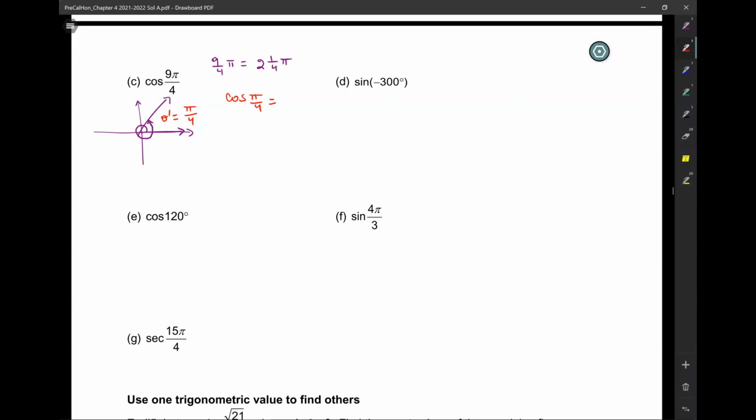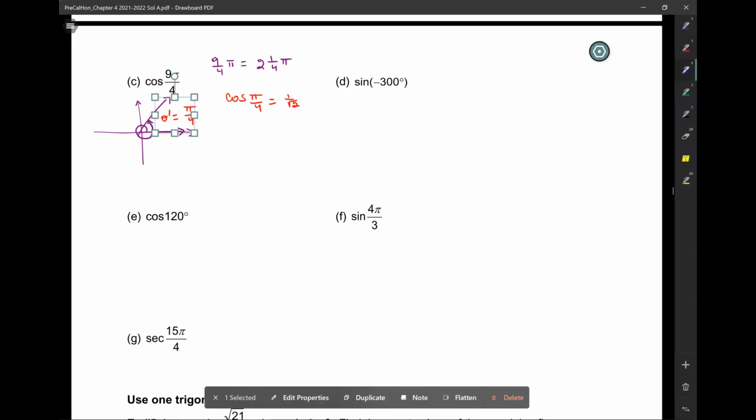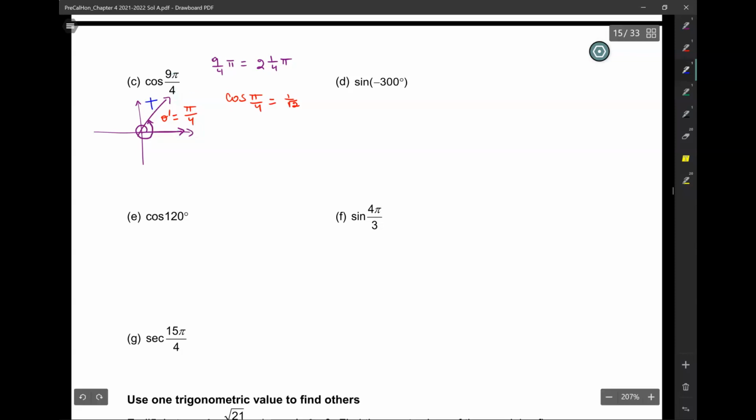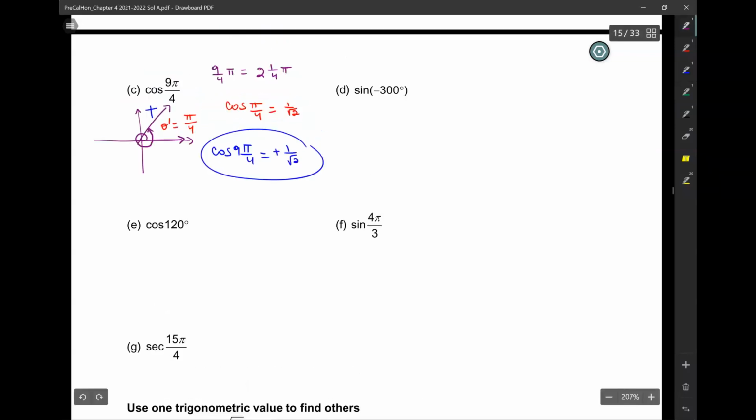Pi over 4 is the one where the horizontal and the vertical are the same. So I go over the same amount as I would go up, and that's 1 over root 2. In this quadrant, all students take calculus, all are positive. So cosine is positive, sine is positive. So cosine of 9 pi over 4 is positive 1 over root 2. You obviously don't have to put the plus sign. I just do it for reference.